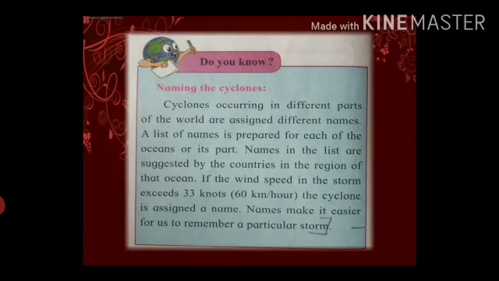If the wind speed in the storm exceeds 33 knots, that is 60 km per hour, then a name is given to that particular cyclone. Names are given because it makes it easier to remember a particular storm.